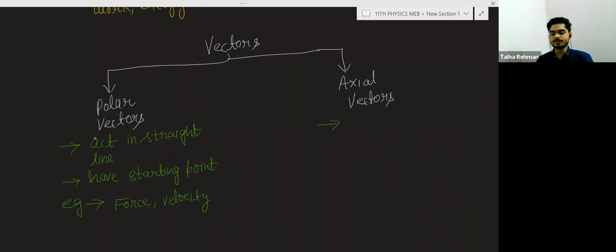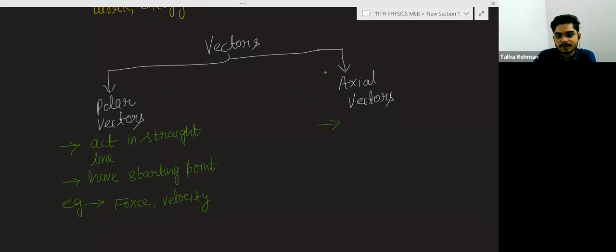You have not studied rotational motion yet. When you study it, you will see angular velocity, torque, and angular momentum. Those are different vectors known as axial vectors. You will also study these vectors in circular motion.